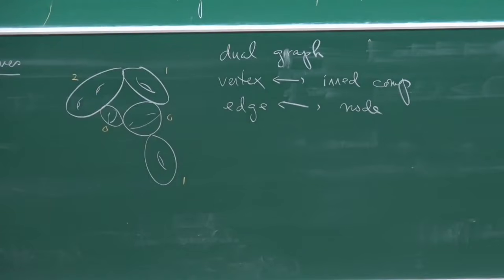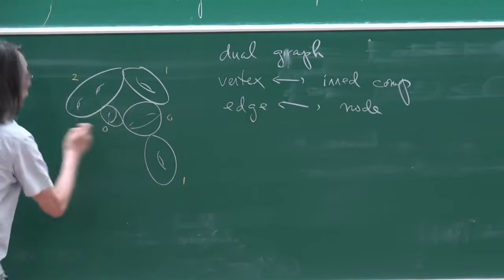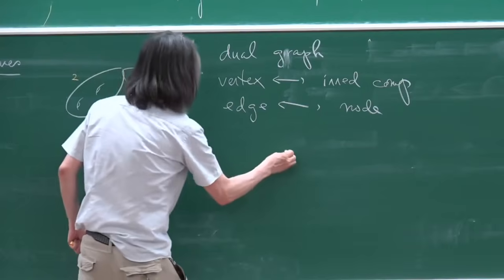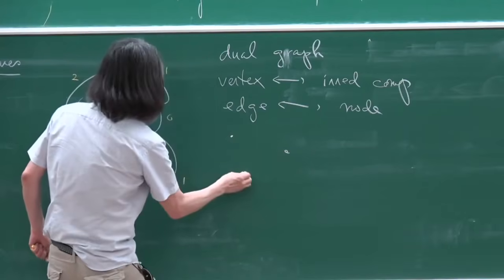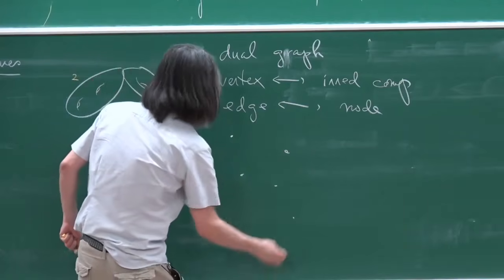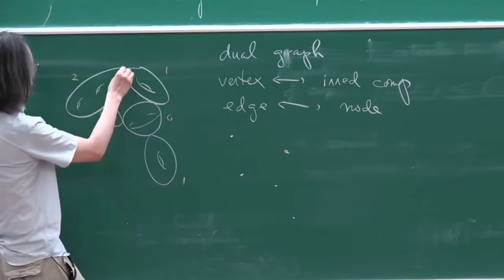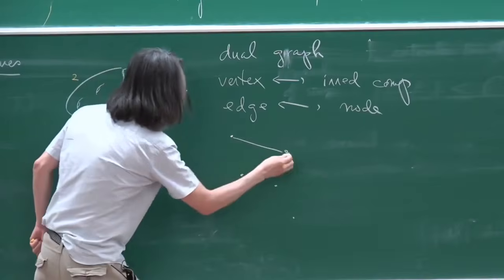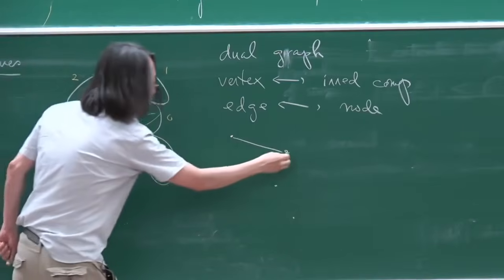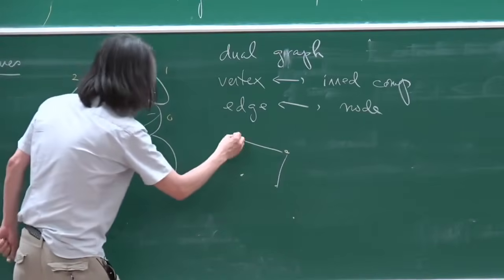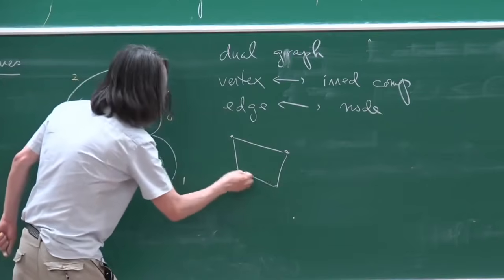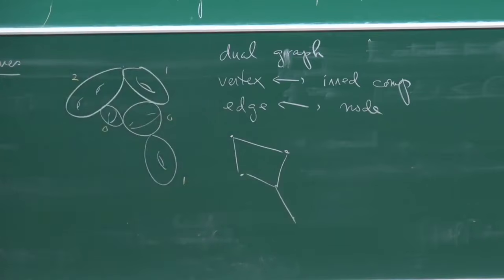So in this case, I have 1, 2, 3, 4, 5 components. And then there is a node here. So therefore, I have parts like this, and this, and this. So in this way, we can talk about the dual graph.